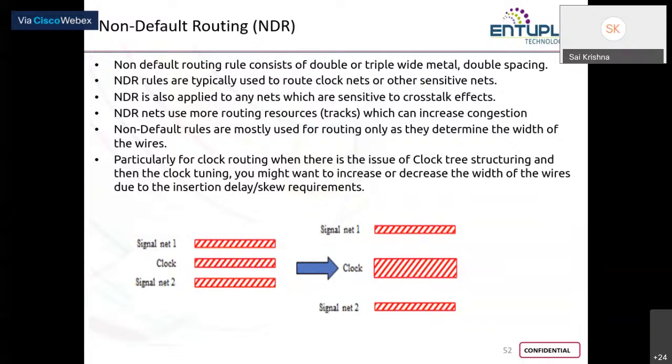That means, assume that your signal is going down. Your signal in net 1 is switching from 1 to 0, whereas at the same time your clock is switching from 0 to 1. So the signal, instead of going from 1 to 0, with the influence of the clock, will again rise up to 1, because your clock is also rising to 1.